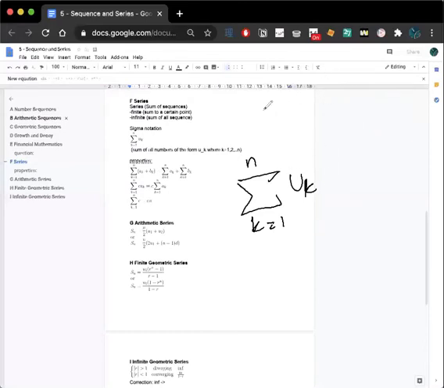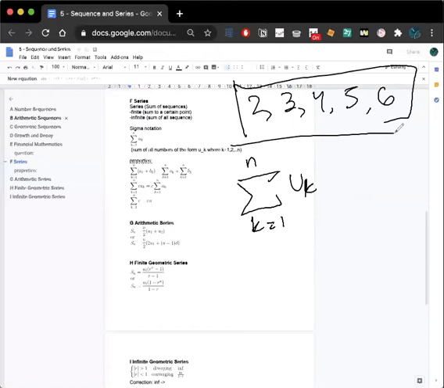So, for example, if you have a sequence of 2, 3, 4, 5, 6, and you want to find the sum of these terms, 1, 2, 3, 4, 5, that would be up to 5.